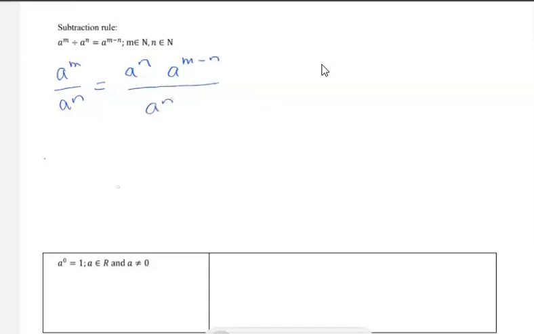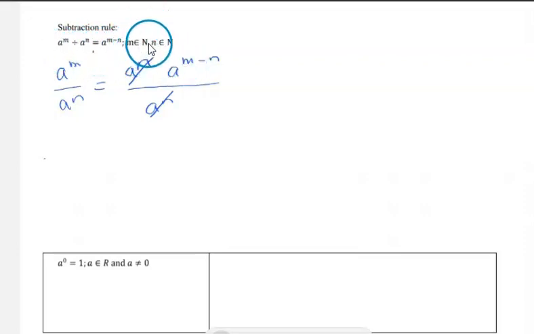And then it means, because now from the sum rule we can say n plus m minus n is m. So, and then we can cancel that and we get the rule a to the m minus n. Remember, if we have an equality sign, it doesn't matter if we go from the left to the right. We can also go from the right to the left because it's always the same.